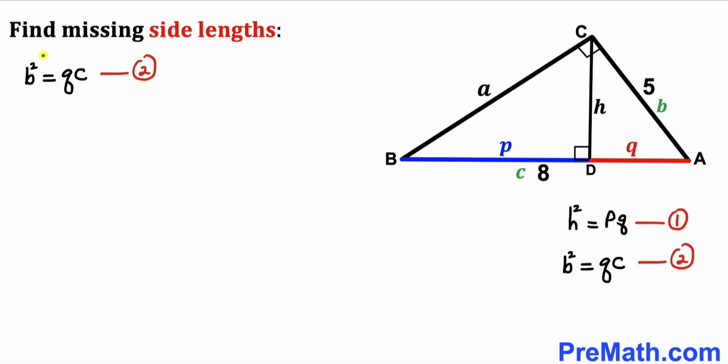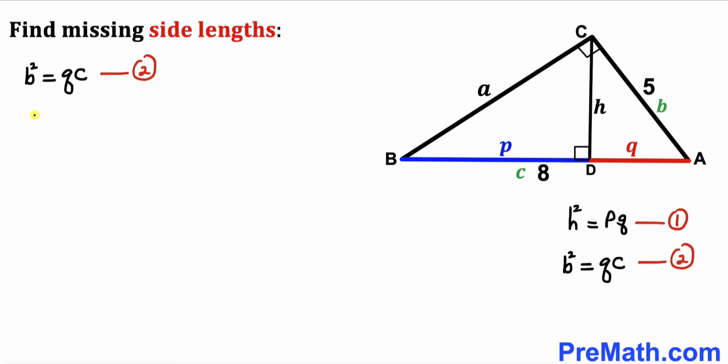And now this equation is going to be very handy. And here we can see our c value is 8. So I'm going to replace c by 8, and we know our b value is 5. So I'm going to replace this b by 5 over here.